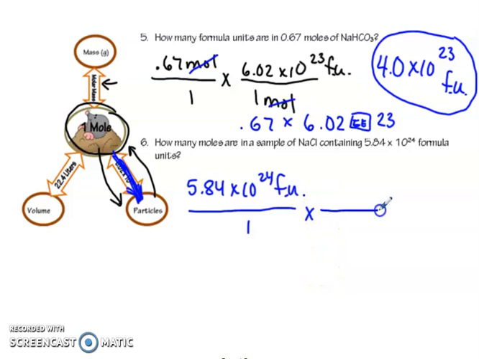And you know the formula units have to go down here to cancel out. And we're going to moles, so that'll have to be up here. So 1 mole equals how many formula units? 6.02. Good job. Avogadro's number. So 6.02 times 10 to the 23rd. So we really need to be careful on how we punch this one in.